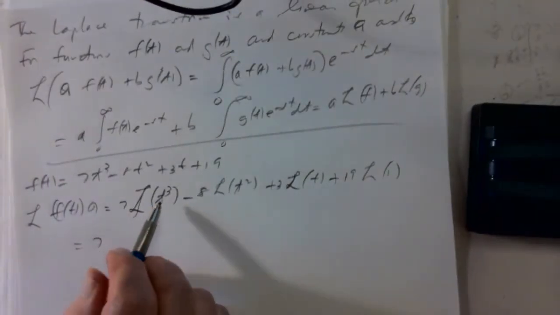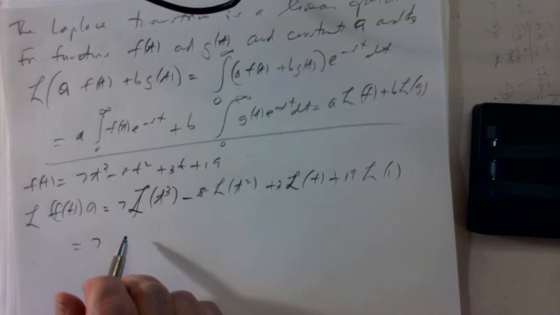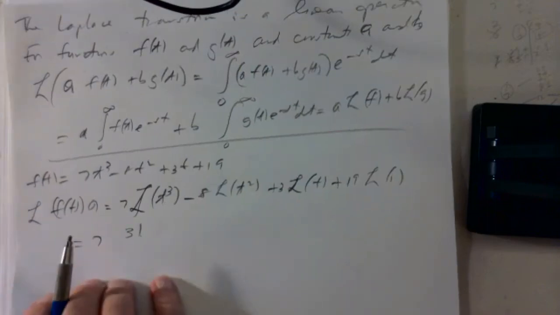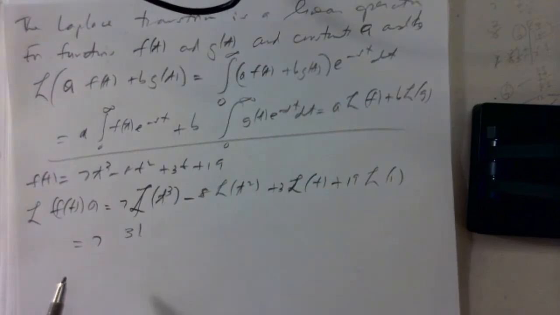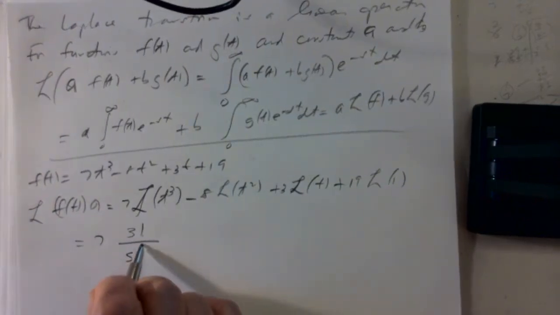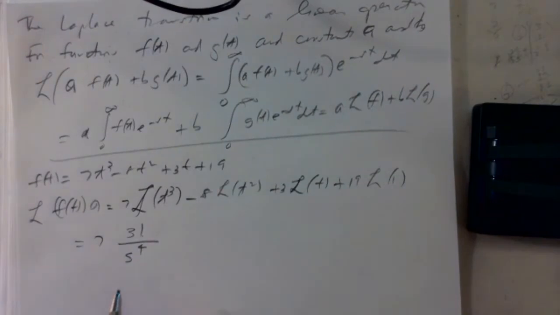The Laplace transform of t cubed is 3 factorial over s to the 4th. Oops, to go back for a second. When I go back, it's because I just have to make sure I state things correctly.